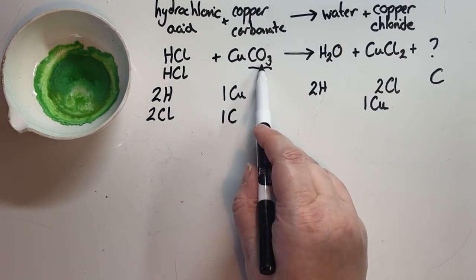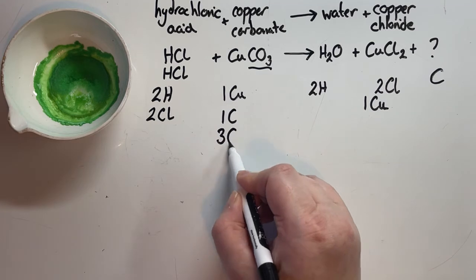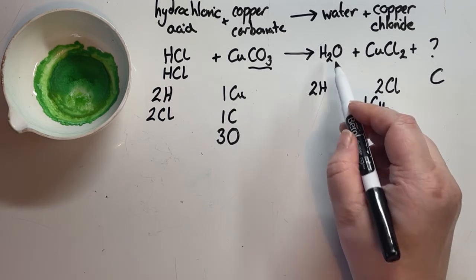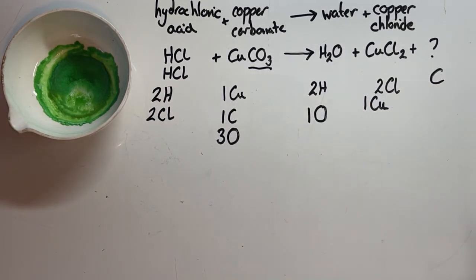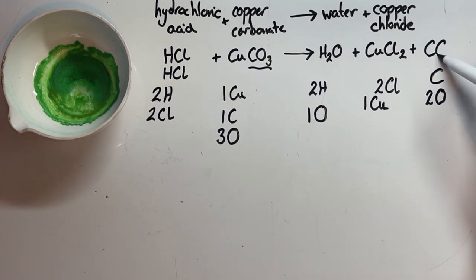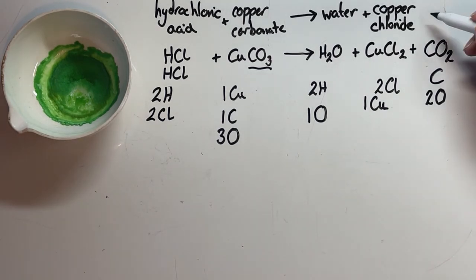We have 3 oxygens, and so far on this side of the equation there's only 1 oxygen, which means 2 oxygens have gone missing, which means that in this gas we must have 2 oxygens. So if we take a carbon and 2 oxygens, the gas we get is CO2, and CO2 is carbon dioxide.